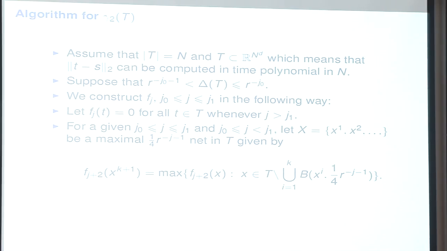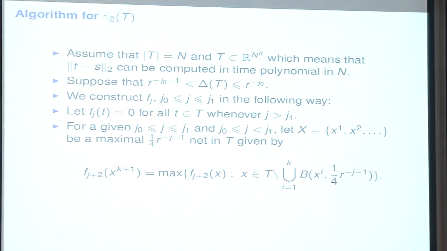So we're just looking for, as a first point, the point x_1 where there is a maximum over functions f_{j+2}. We know what they are because we know from where the construction starts. We know that it is 0 if we cross j_1, and then we are finding the next best possible points, and we are doing it this way. Each time we are just removing all the balls around the x_i's that are of radius 1/4.